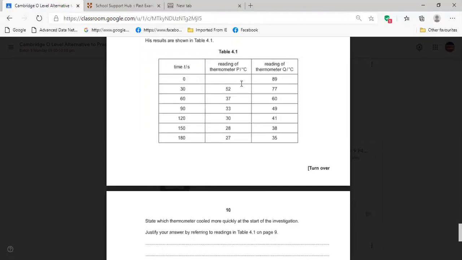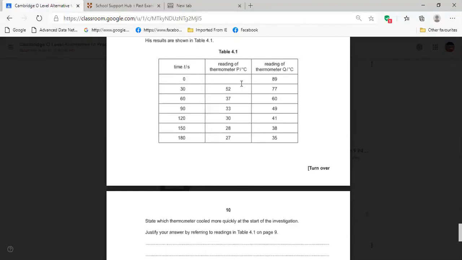P or Q? Check. Cooling means what? The temperature will be lowered, right? It loses the temperature. So, are you still in Q or will you change your mind? It's a Q, I guess.